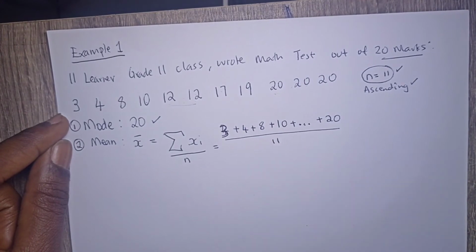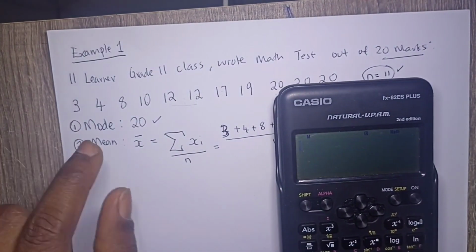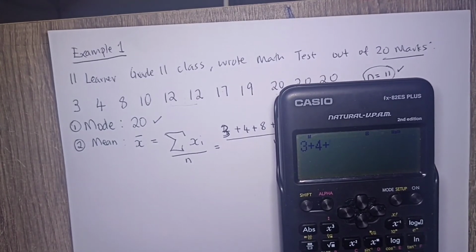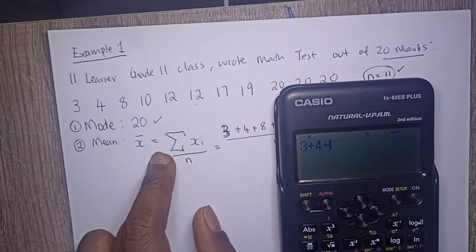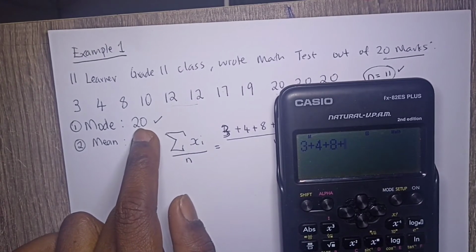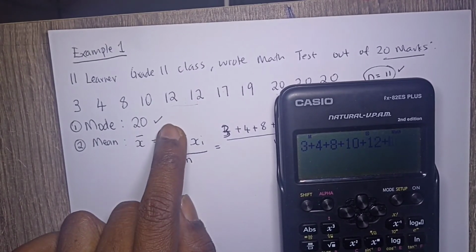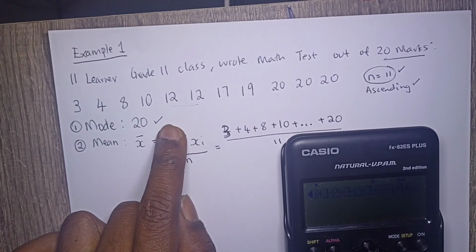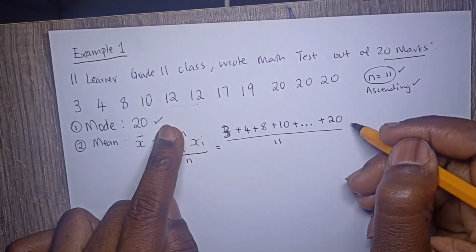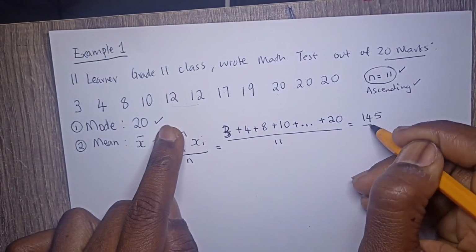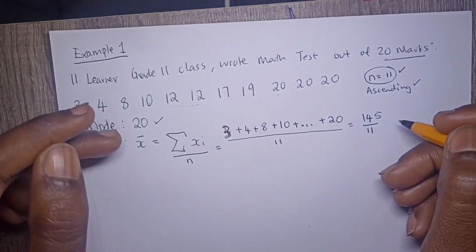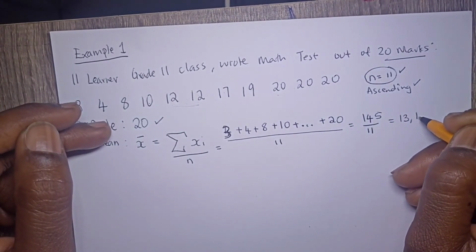By 11. So I'm going to do it on the calculator. So 3 plus 4 plus, I hope it's focusing. Okay, 145 over 11. So divided by 11, you get 13,18.